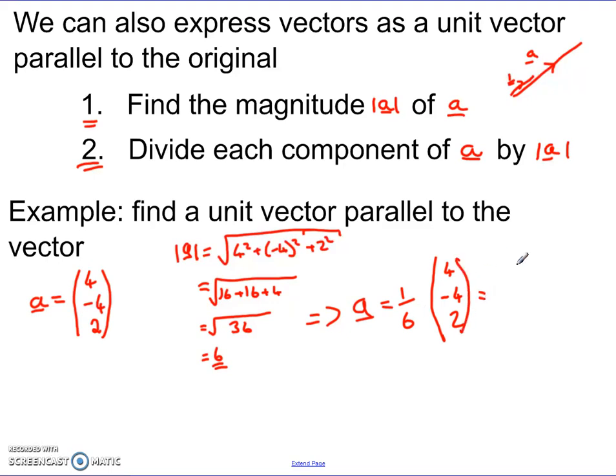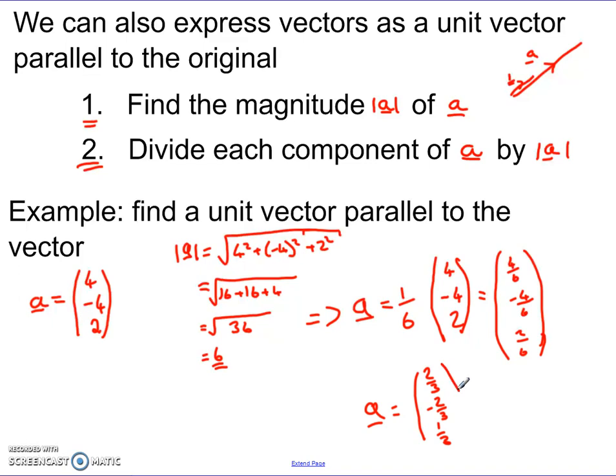And when I take this in, I end up getting 4 over 6, -4 over 6, and 2 over 6 as my three components. Now each of these components can be simplified. You always simplify as much as you can. That gives me the vector A being 4 over 6 is just 2/3, then it's -2/3, and then 2 over 6 is just 1/3 there.